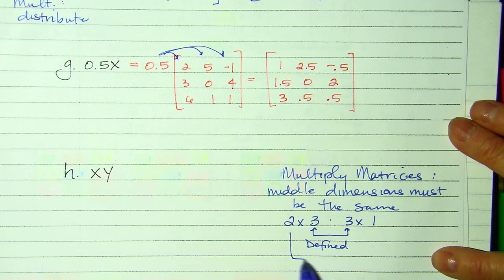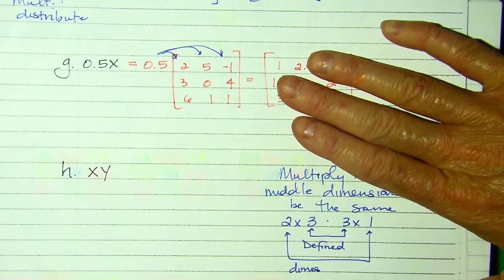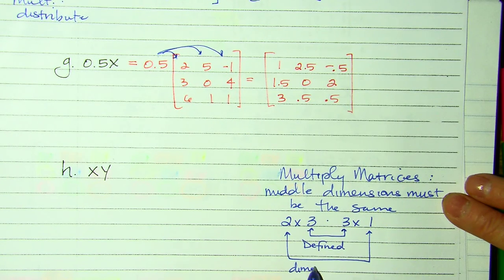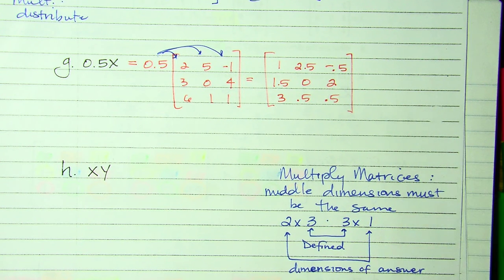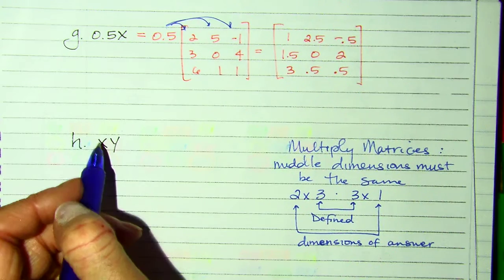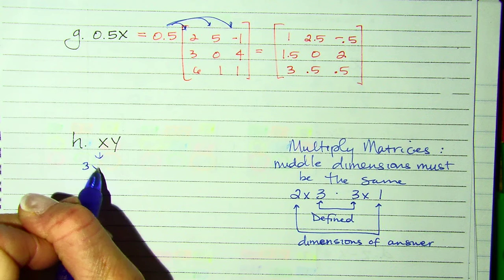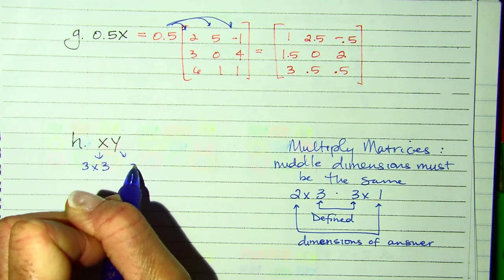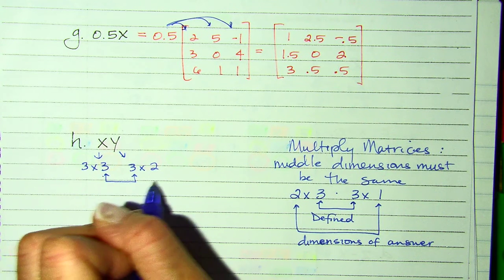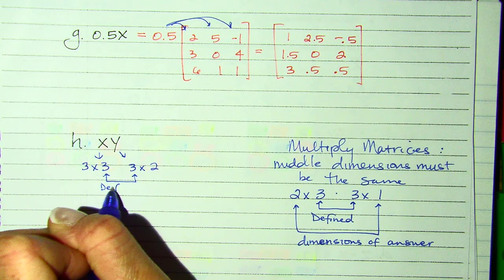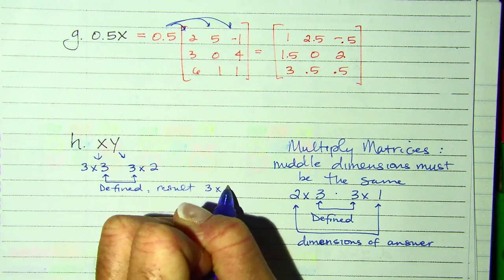The numbers on the outside will be the dimensions of your answer. So if I want to multiply X times Y, the dimensions of X are 3 by 3. The dimensions of Y are 3 by 2. So because these middle two numbers are the same, I can multiply, so it's defined. And the result will be the outside numbers, a 3 by 2.